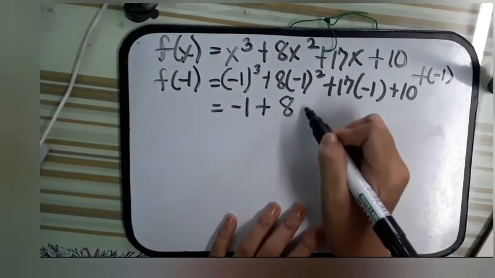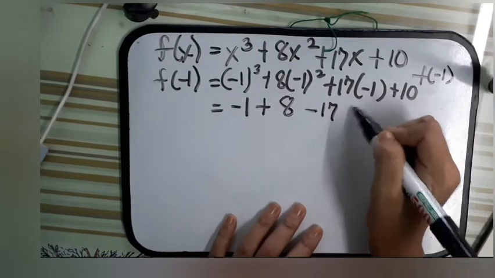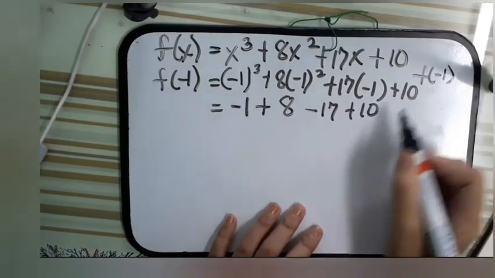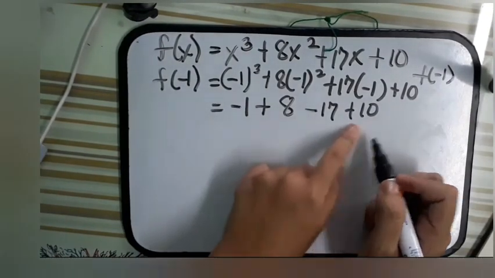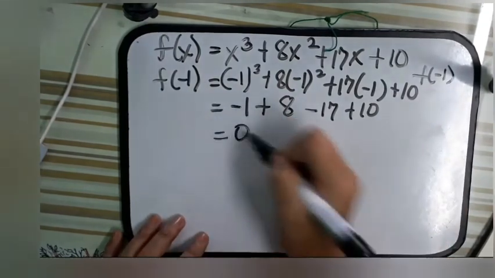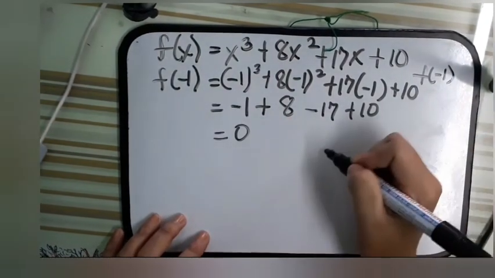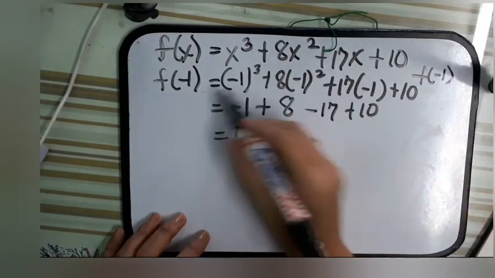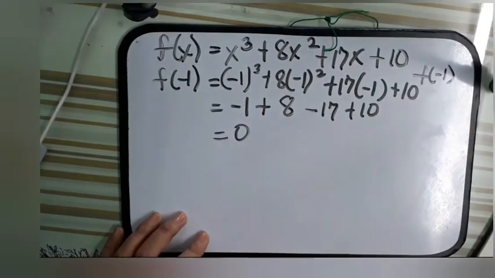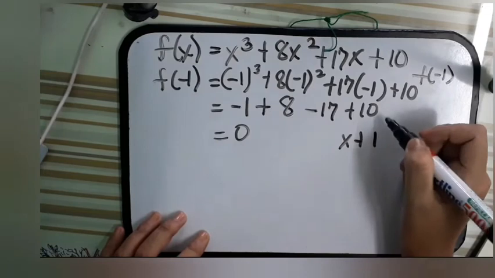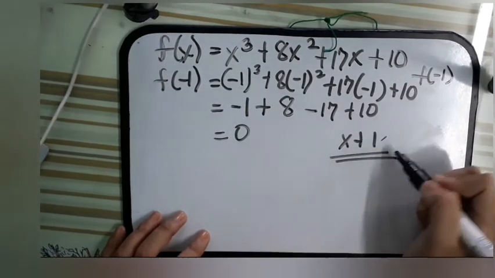Positive 17 times negative 1 is negative 17. Then copy positive 10. If we add these values, we get 0. Therefore, our given negative 1 is a solution, or simply, x plus 1 is a factor of the given polynomial.